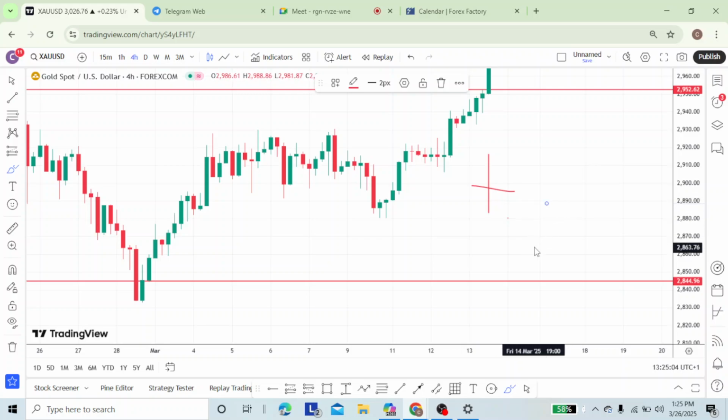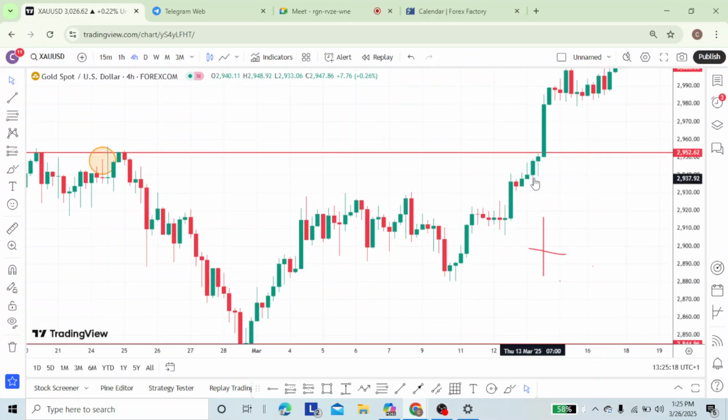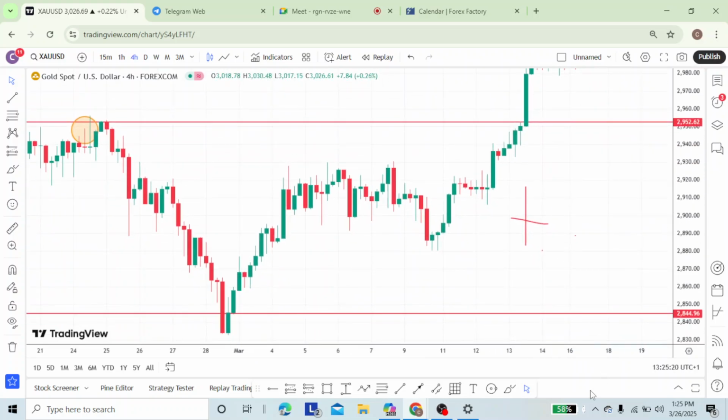A doji is mostly like a plus sign. If you see a doji, especially at this kind of resistance, it's showing indecision in the market. But a dragonfly at a support is a clear indication that the buyers are ready to push the price up on that particular support zone.